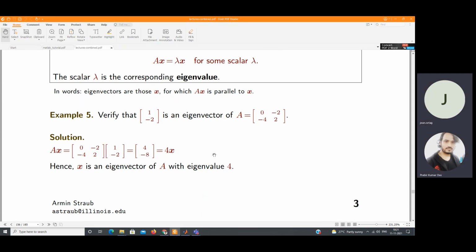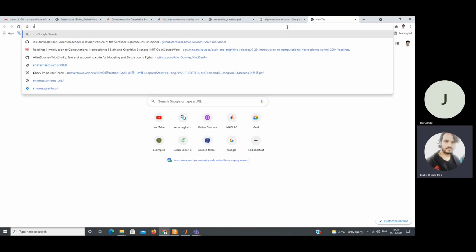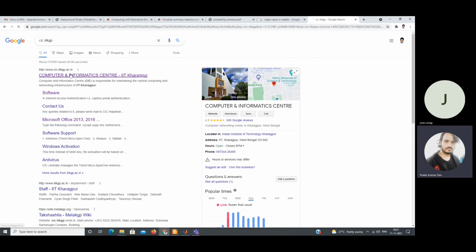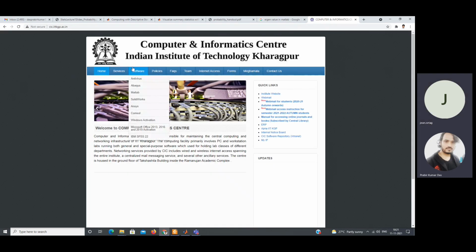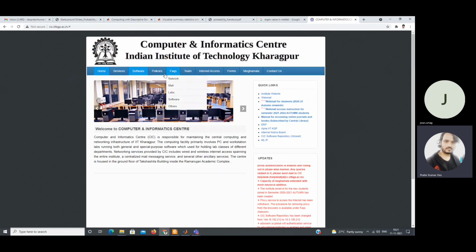Yes, sir, we got that code, but when we type it, it just shows loading. In that case, you can go to the CIC of IIT Kharagpur, the Computer Informatics Center. It has one software page.